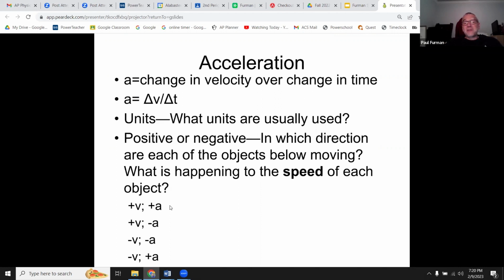Positive velocity, negative acceleration, signs are opposite, it's slowing down. The third one from the top, negative, negative, it is speeding up. And the last combination, negative velocity, positive acceleration, again, it is slowing down.